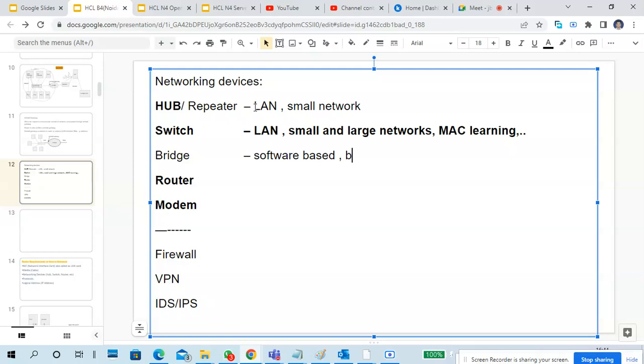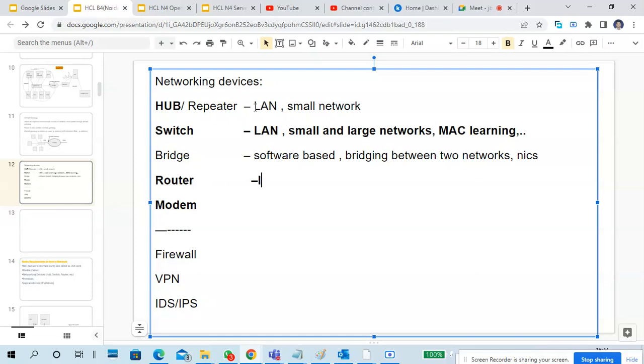Bridging two networks, like a router type or two NICs. Bridge between networks or NICs. That's the bridge part.